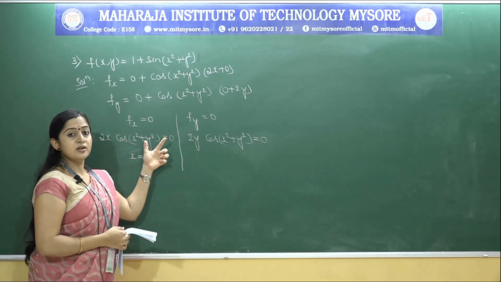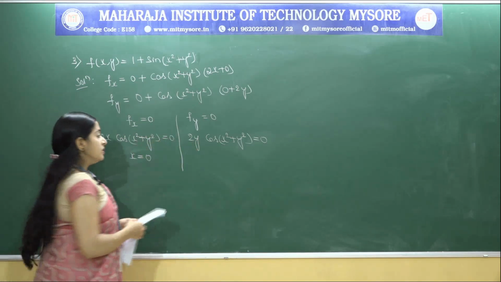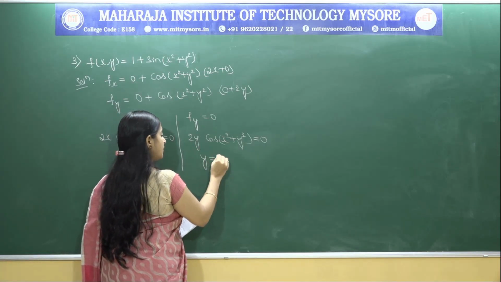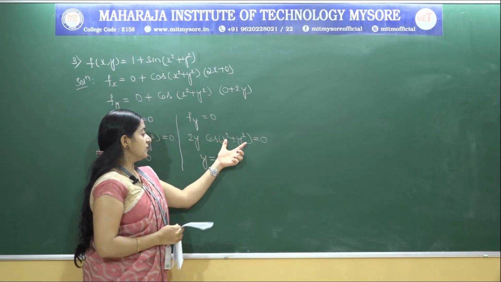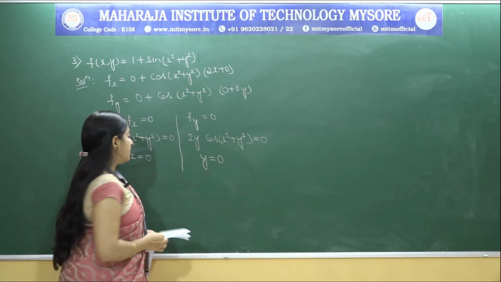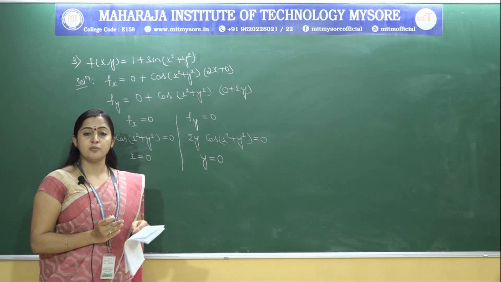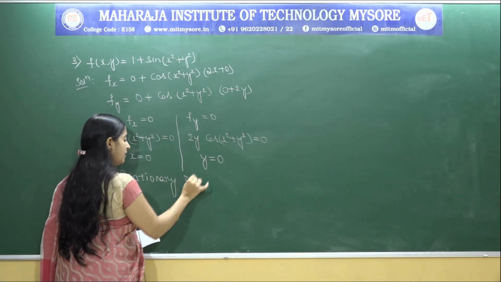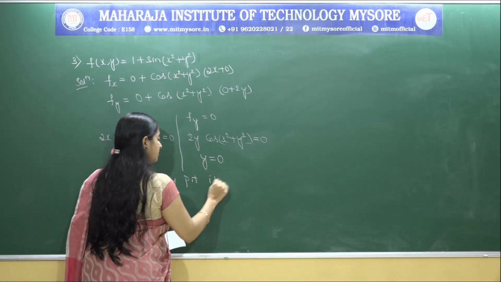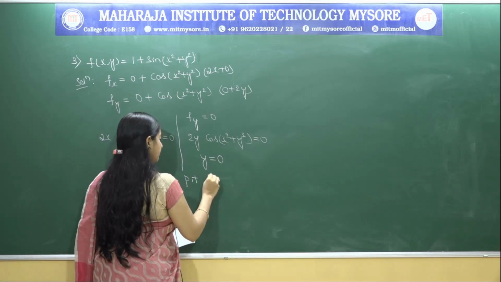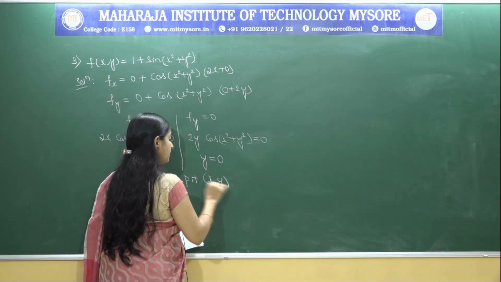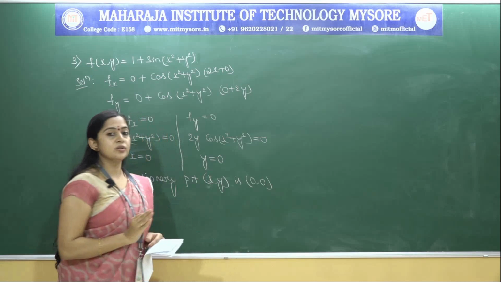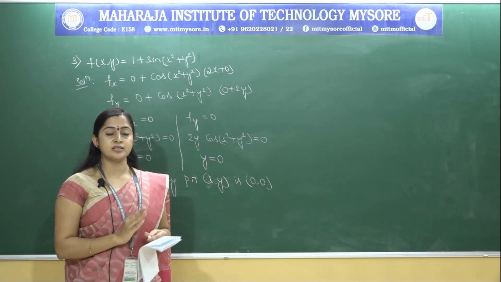For the second, 2 is not equal to 0, so y is equal to 0. So you will get only one stationary point in this case, the stationary point (x, y) is (0, 0).